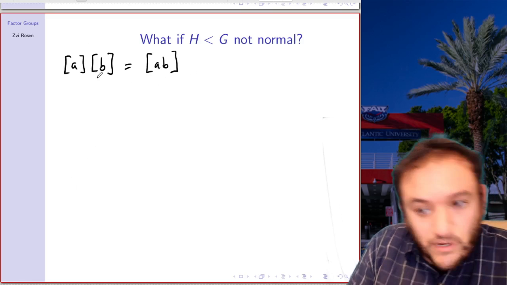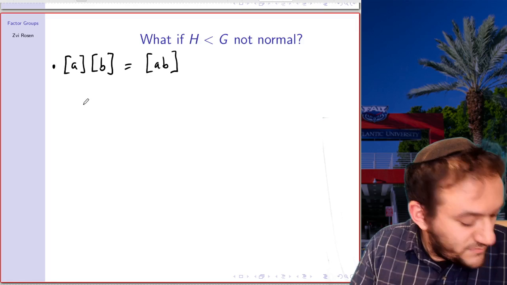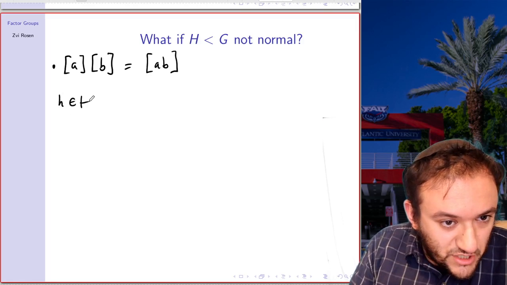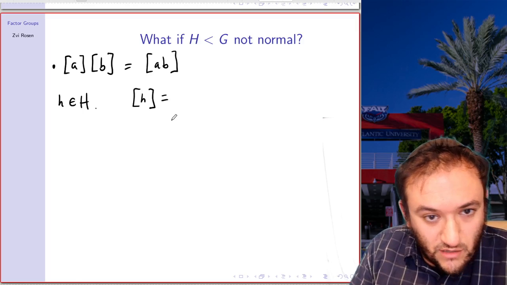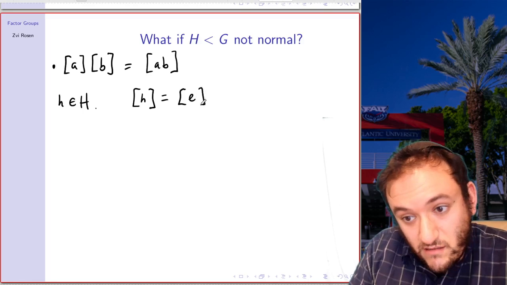So if this is how we're trying to define our operation, then if we take some h in H, we know that hH should be equal to the identity class, right?